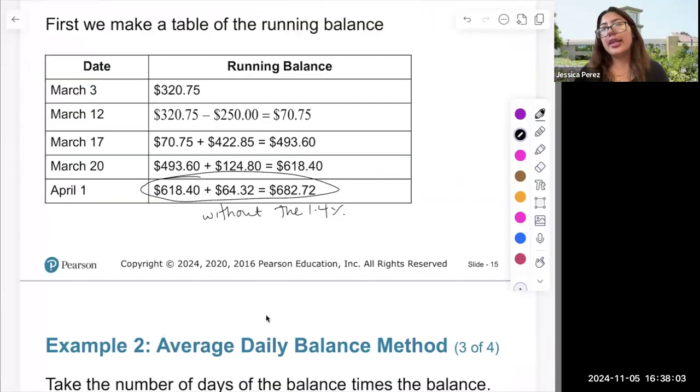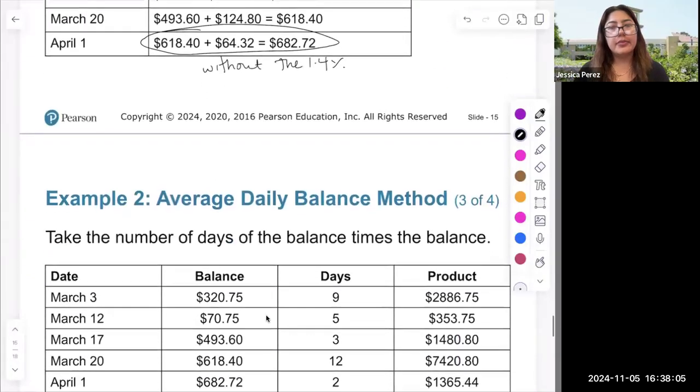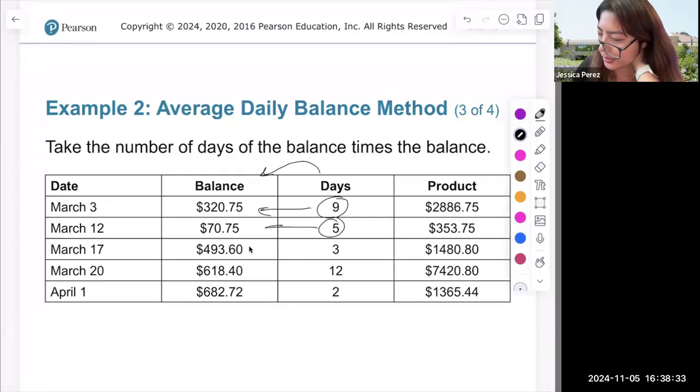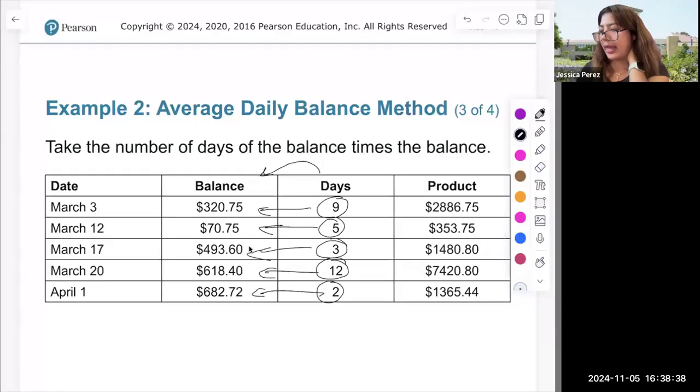Then it's just like running a checkbook. Now take the number of days of the balance times the balance. So they're asking us to multiply the days by the actual balance: 9 times the balance, 5 times the balance, 3 times the balance, 12 times the balance, 2 times the balance.